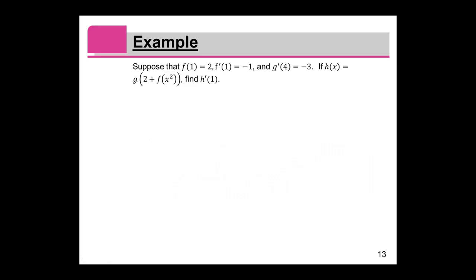We start out with h of x is equal to g of 2 plus f of x squared. And we want to find h prime of 1. So the only way to really do this one is probably the first method, not the one with the substitution, although you could probably get away with doing that, but let's just do it the first way.